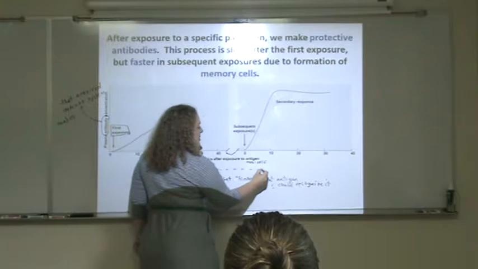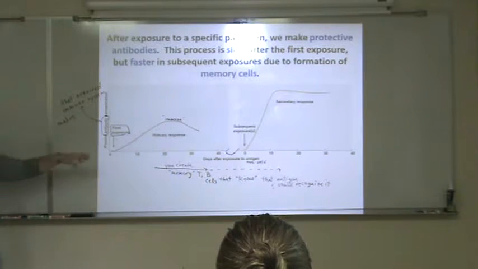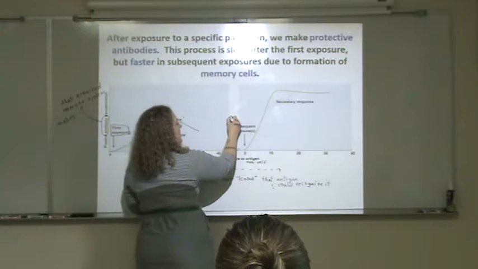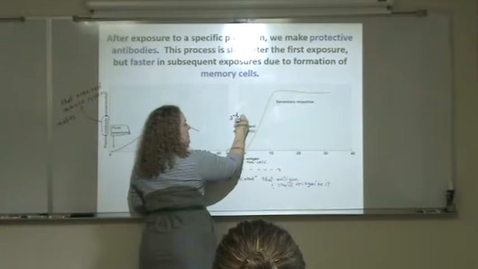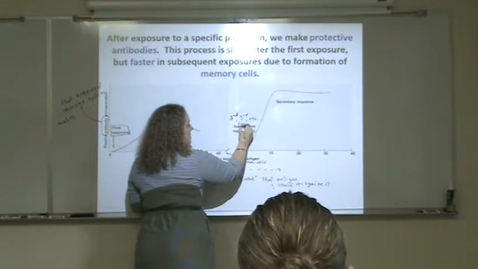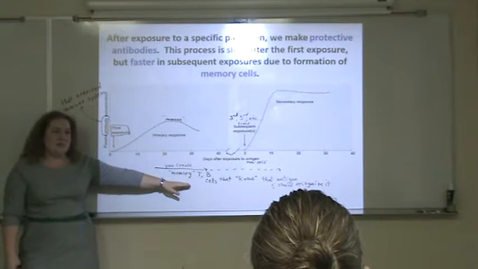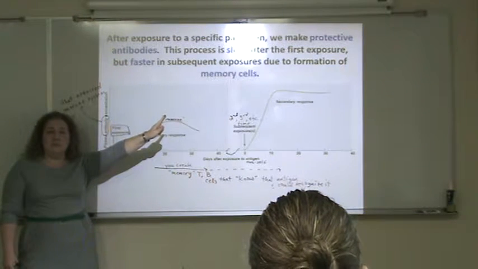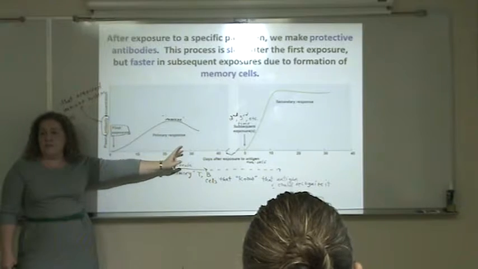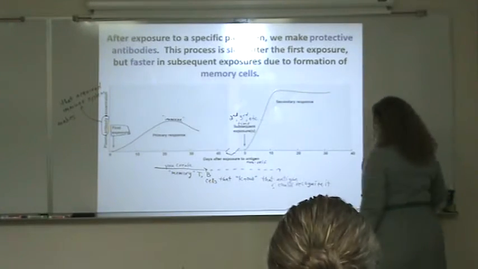These cells, these memory cells, hang around. They're still looking for that antigen. So the second time, any subsequent time, second, third, etc., time that you see that antigen, these memory cells are like, aha, aha, and they're going to quickly make lots of antibodies.